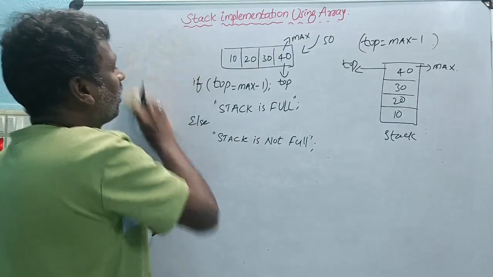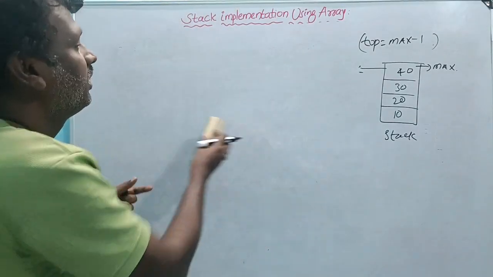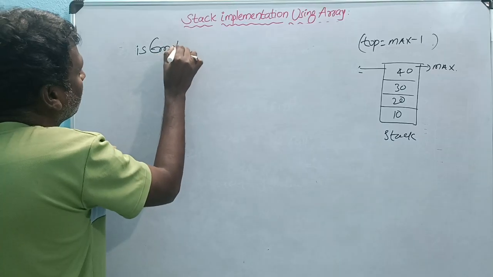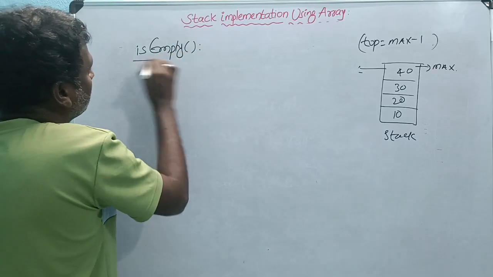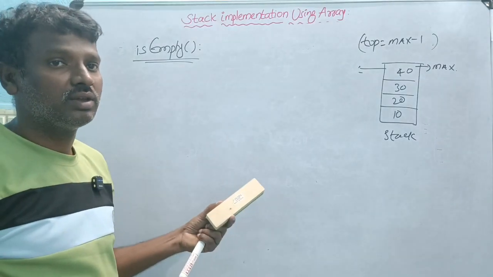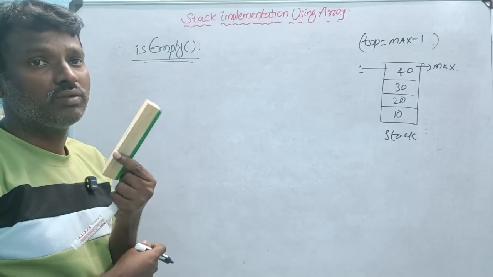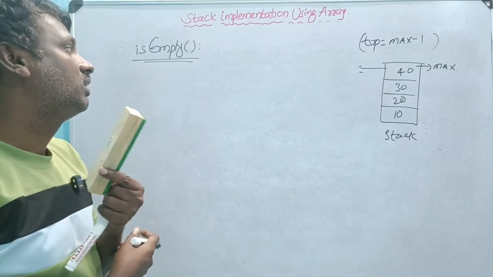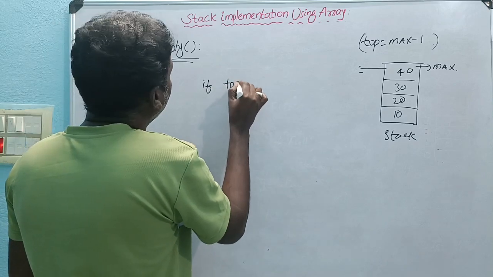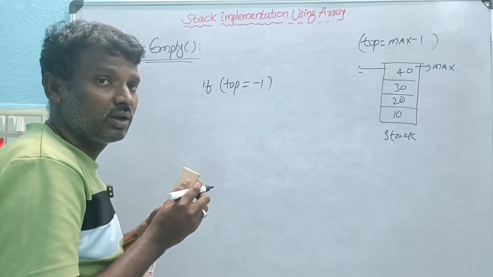Now what is the last operation? Whether the stack is empty or not. So that's why we write isEmpty. The isEmpty operation is used to check whether the stack is empty or not. First of all, we write that condition: if top equal to -1, then what happens?